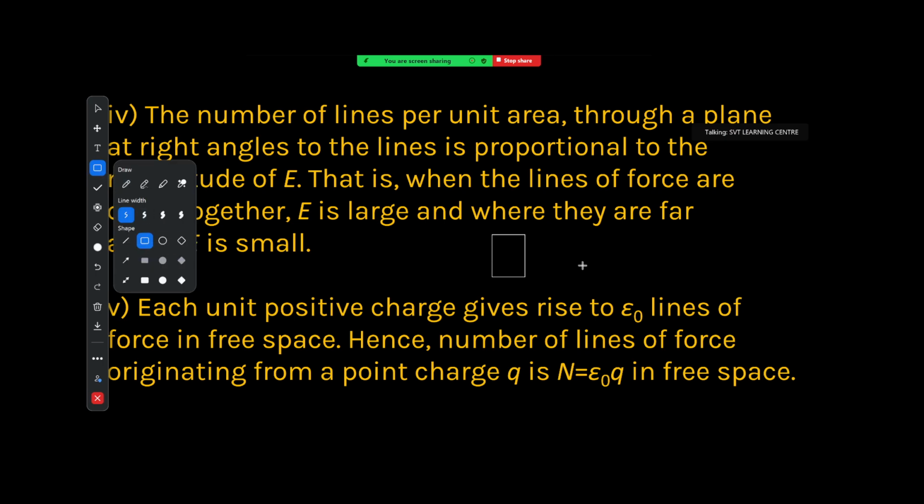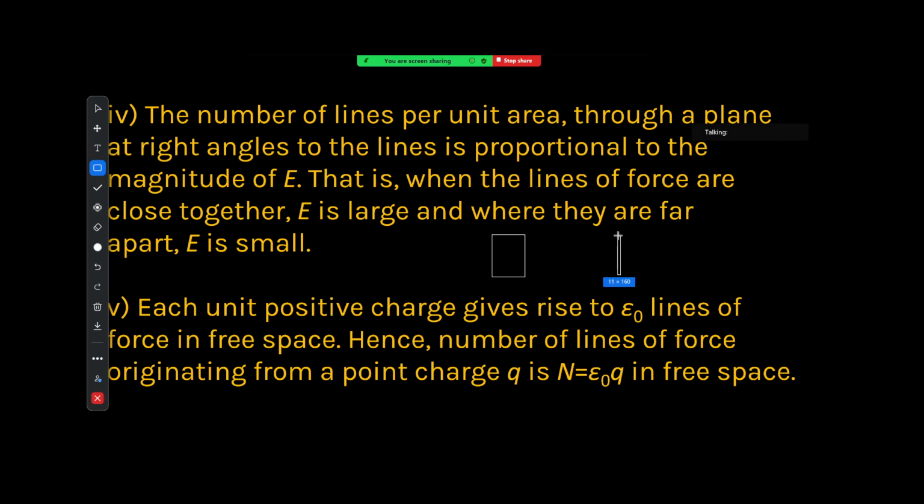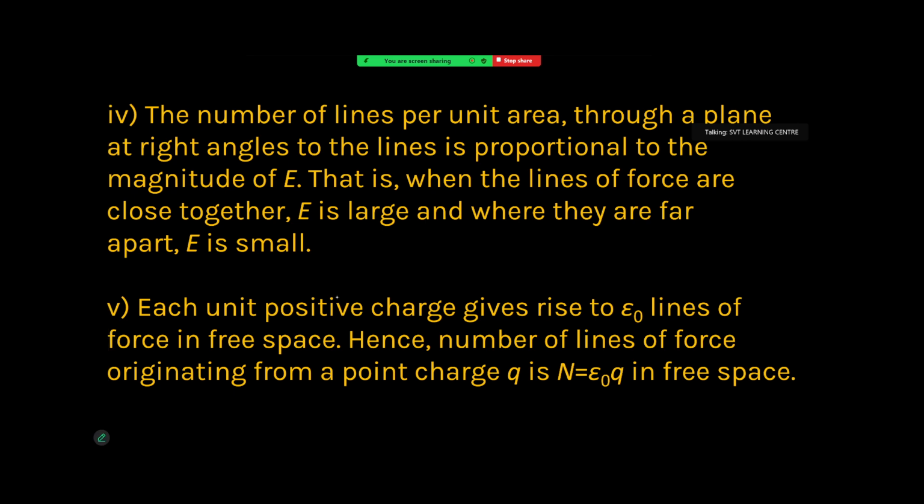So let this be the plane and let these be the electrical field lines which pass through it. If you take the number of lines that pass through unit area, that is proportional to the magnitude of E. Later on we'll try to understand what we mean by electrical flux, so the point I just mentioned will be obvious to you.